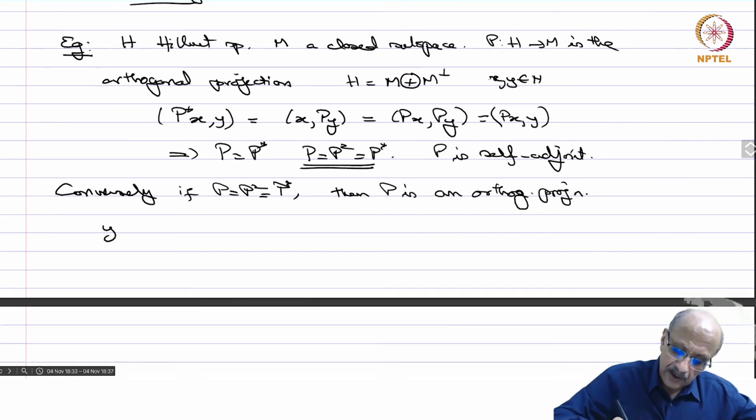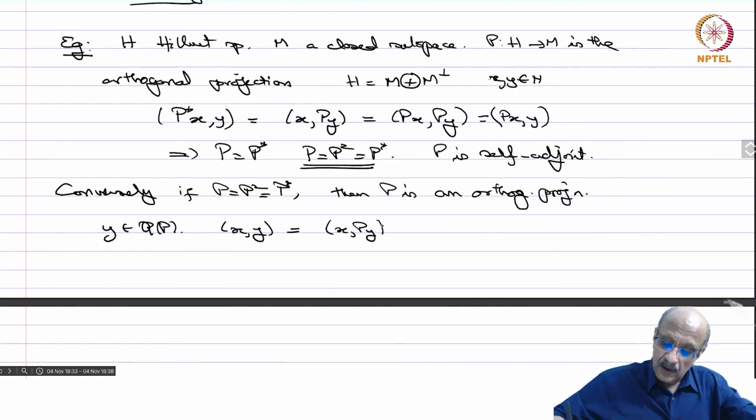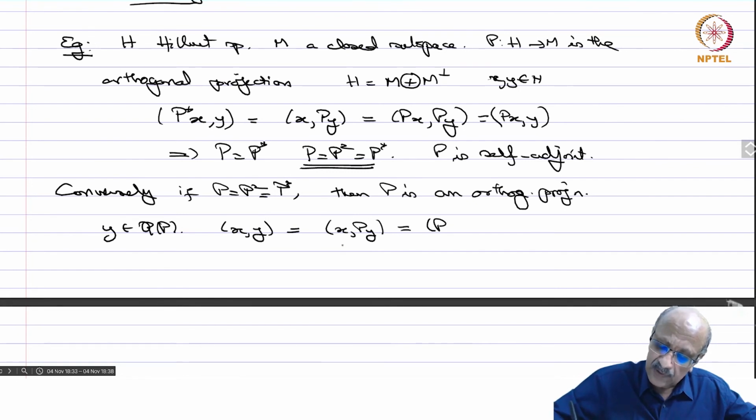So let us take y belonging to range of P. So x, y equals x, Py, since y is in the range of P, and that equals Px, y, because P equals P star. So this is because P square equals P, so x, y equals Px, y.